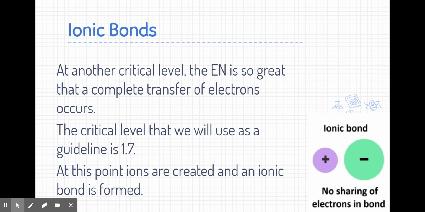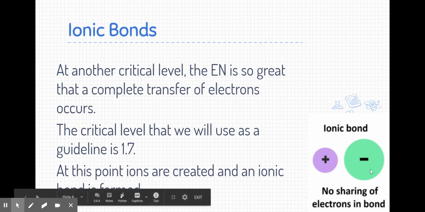At that point, an electron is transferred from the less electronegative to the more electronegative atom, and we end up with two charged particles, ions. There's no sharing of electrons, and they are attracted to each other now by electrostatic forces of attraction, which we call ionic bonds.